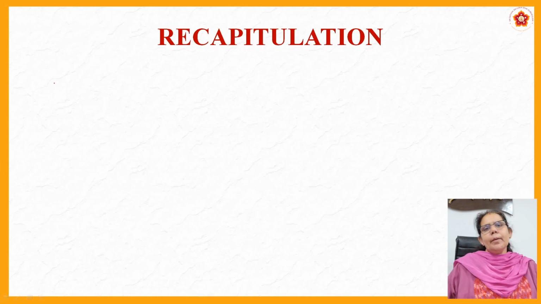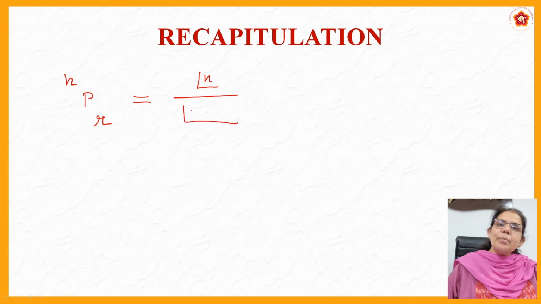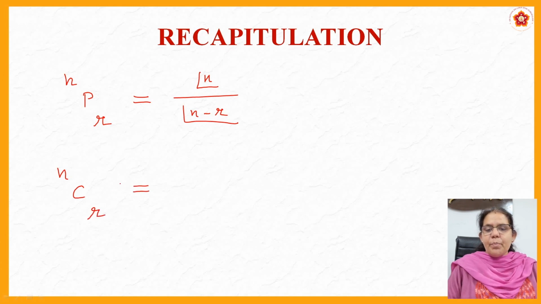There are very few formulae in this particular chapter. If we are talking of only arrangement of objects, then we use the formula for permutation, that is nPr. There are total n objects and r objects are taken at a time, and if we have to arrange them in a particular fashion, the formula that we use is factorial n divided by factorial n minus r. Coming to combinations, we represent it as nCr.